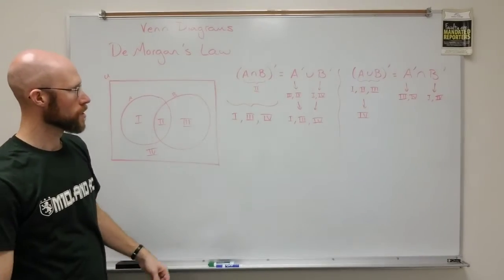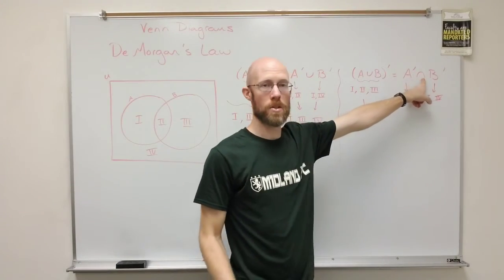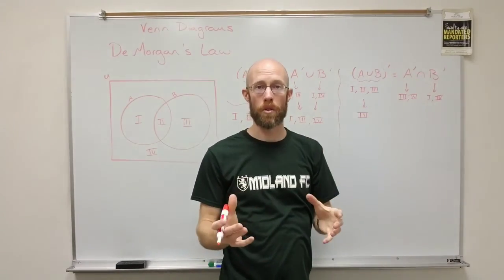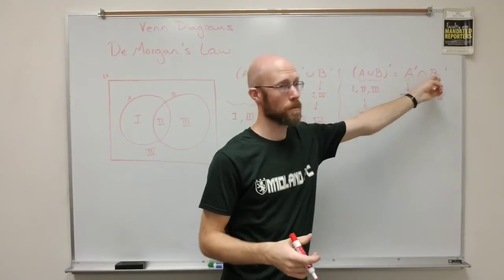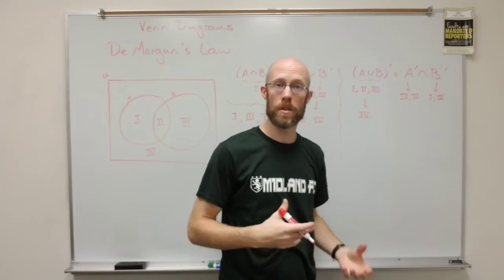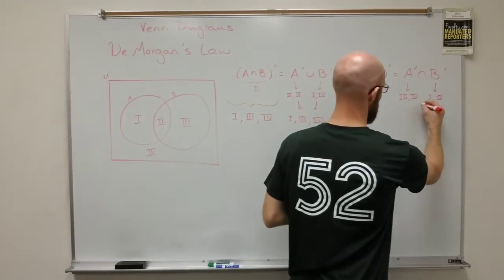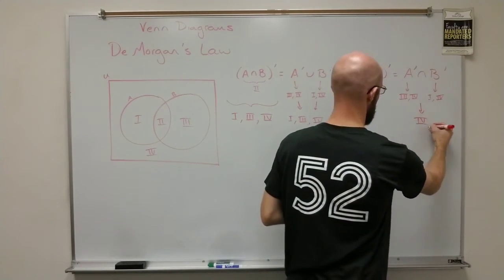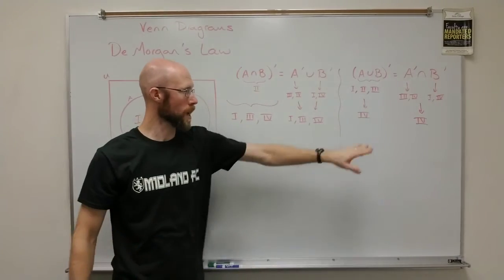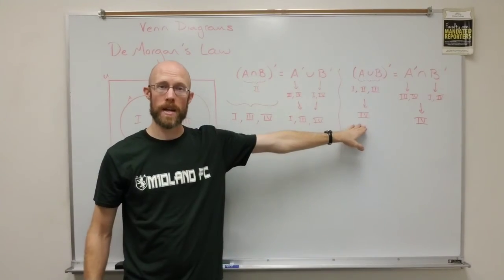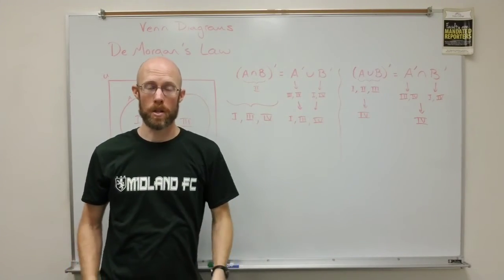And the intersection is all elements in both A complement and B complement. Well, the only thing in both is region 4. Since that matches the region that we had before, on the other side, the two sets must be equivalent.